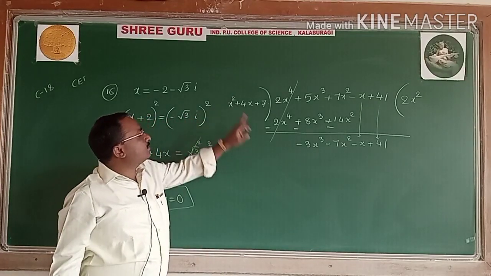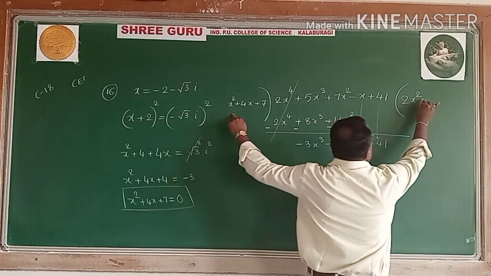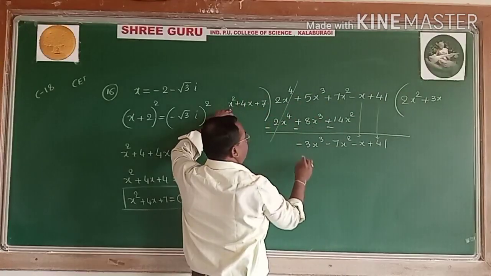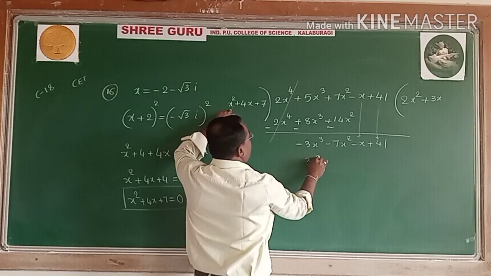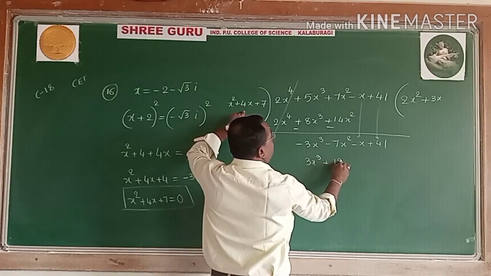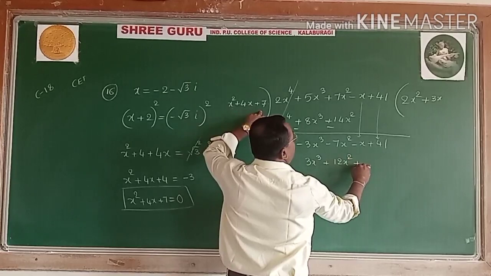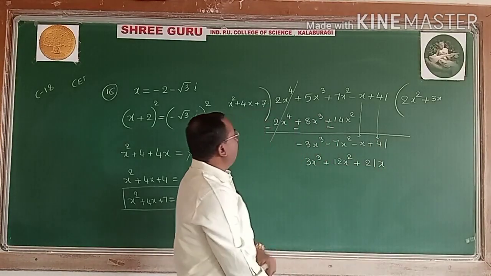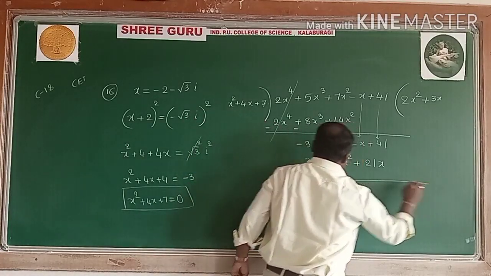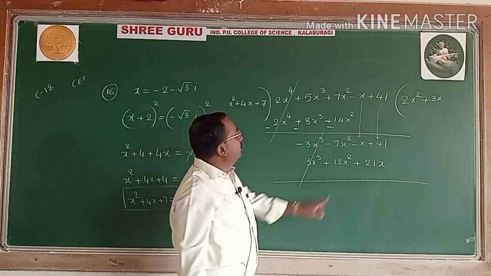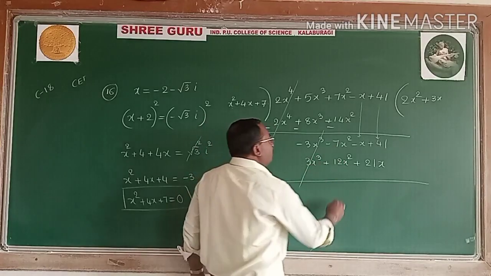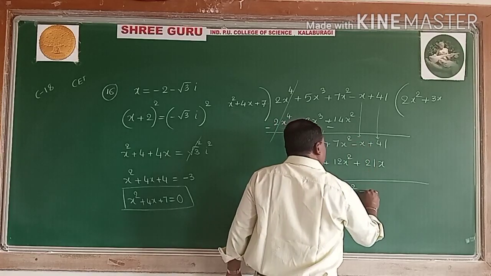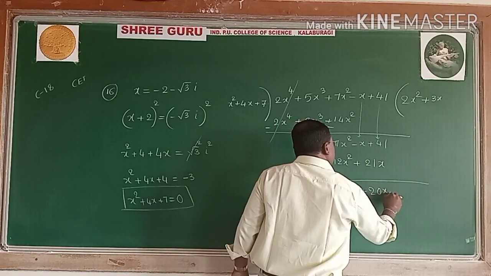Next, x cube divided by x square gives minus 3x. Minus 3x times x square is minus 3x cube, plus 12x square, plus 21x. Simplify, positive and negative get cancelled. 12 minus 7 is 5x square, then minus 1 plus 21 is 20x, plus 41.